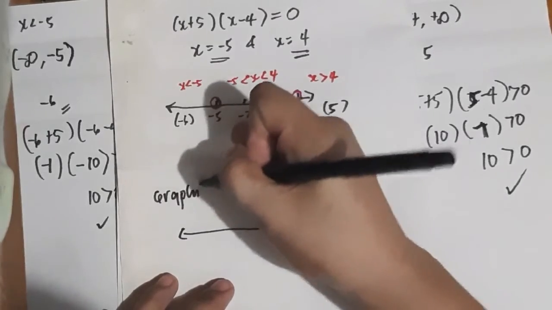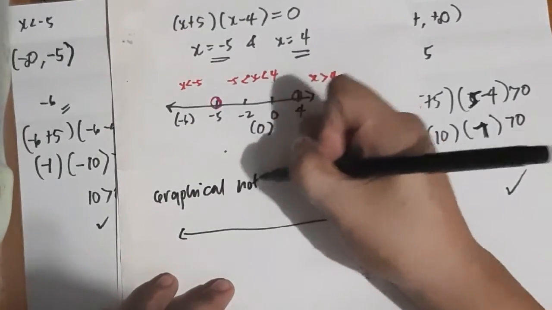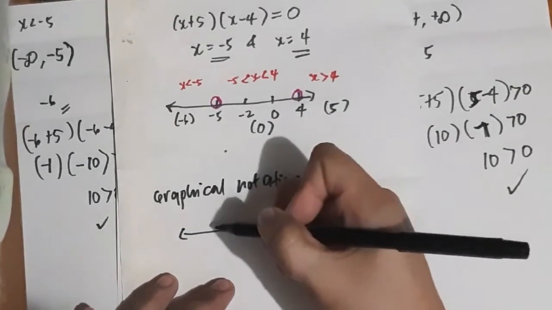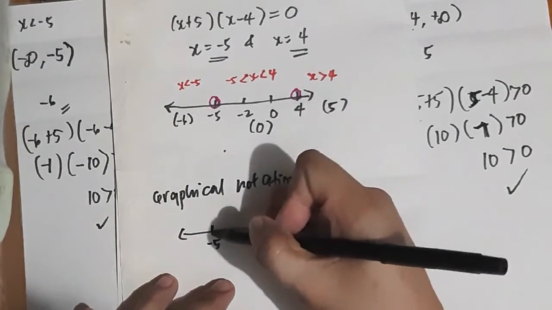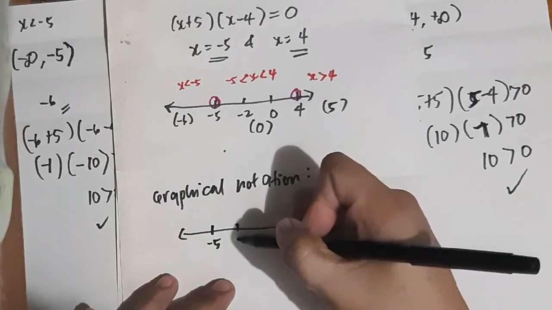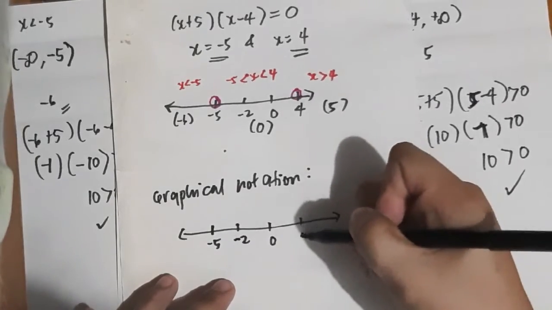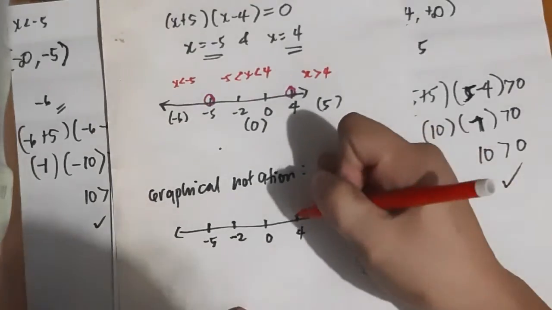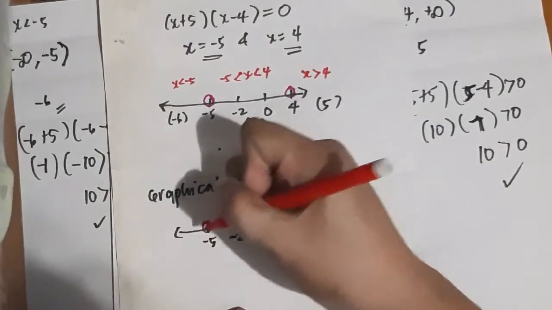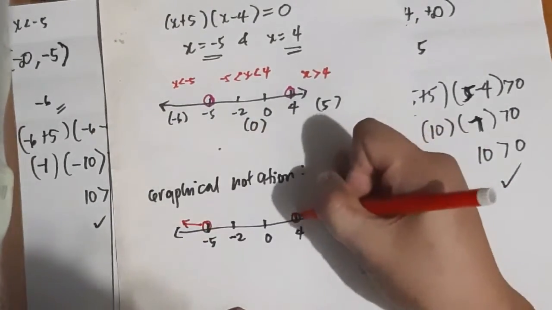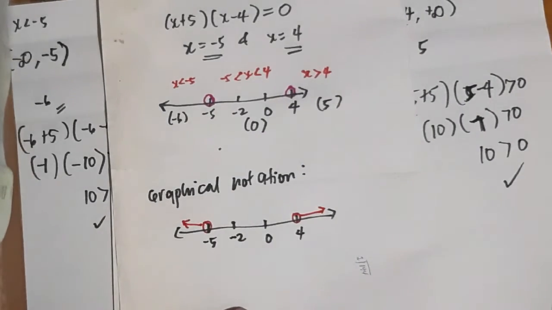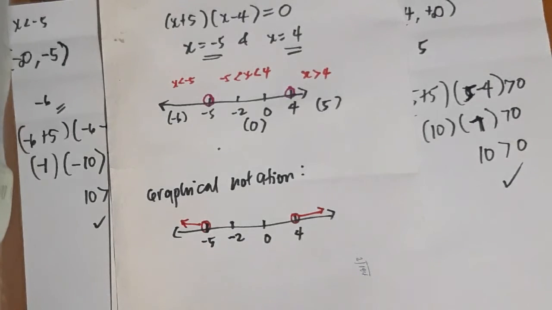My final answer in graphical notation would be this one. Put an arrow or arrows on the correct region. That's the graphical notation.